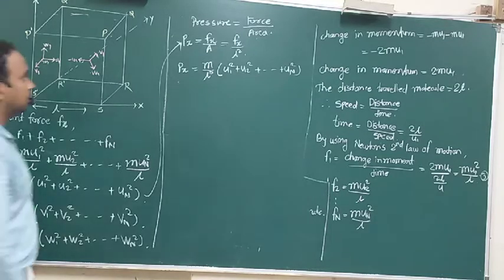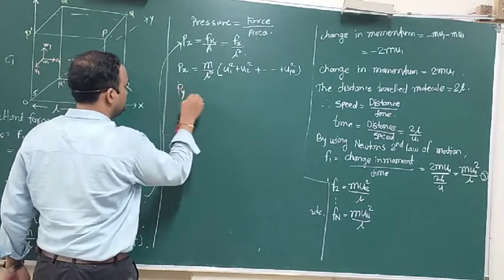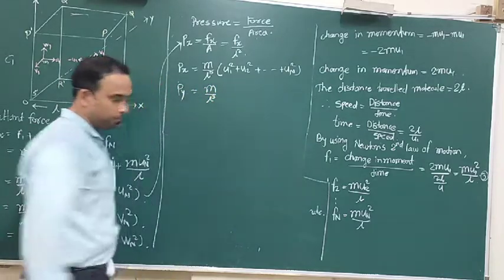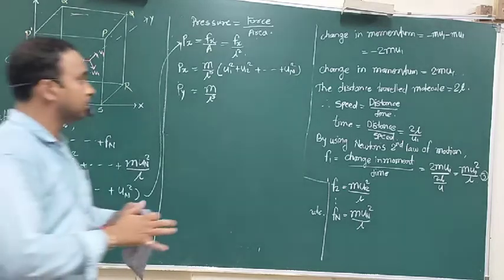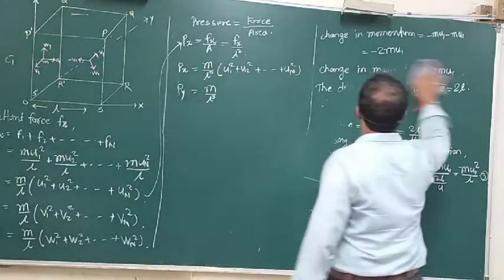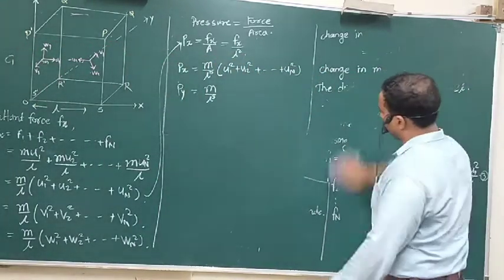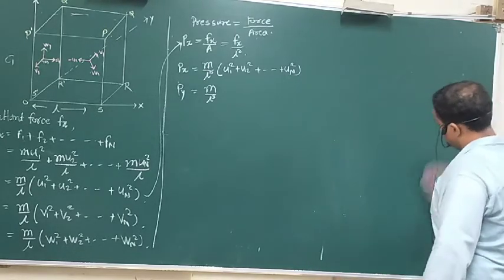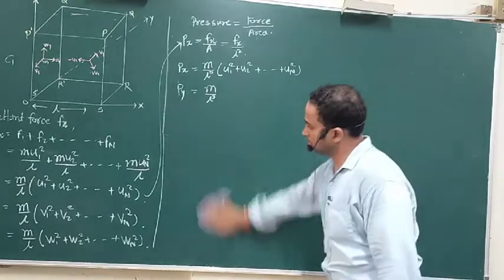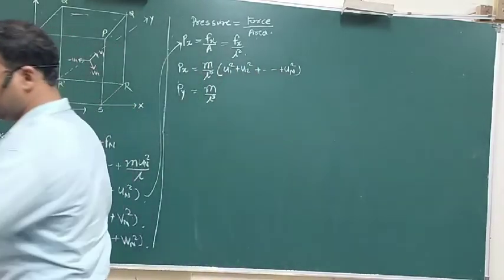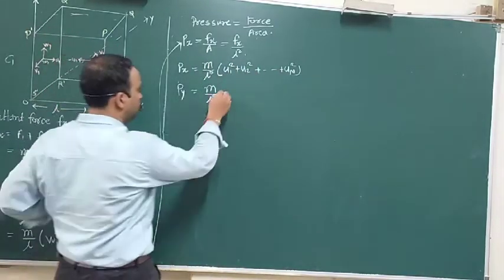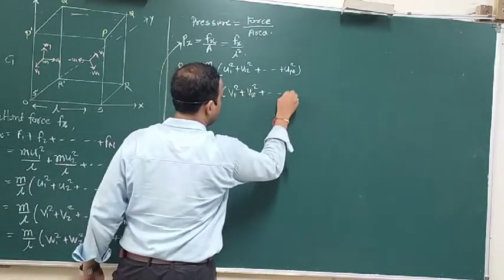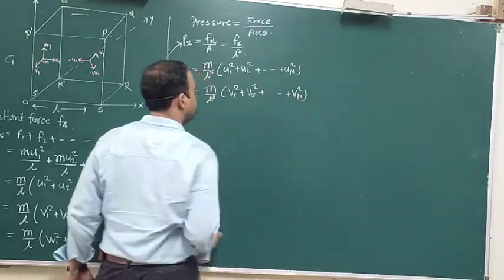Similarly, the pressure Py along the y-axis is m upon L cube into v1 square plus v2 square plus and so on vn square.